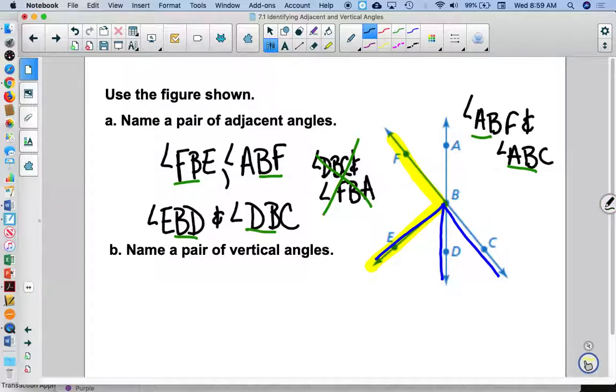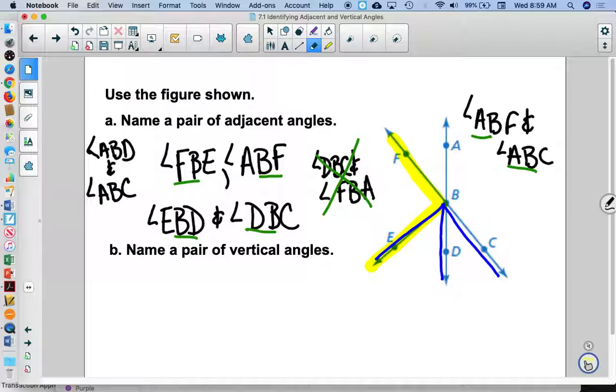Angle ABD. Oop, that D looks like a P. That's terrible. And angle, say it again. ABC. Okay. ABD.